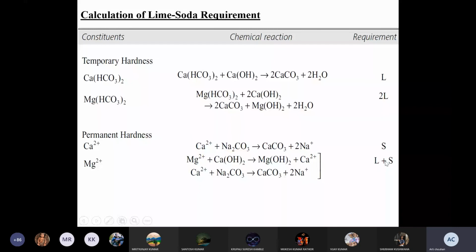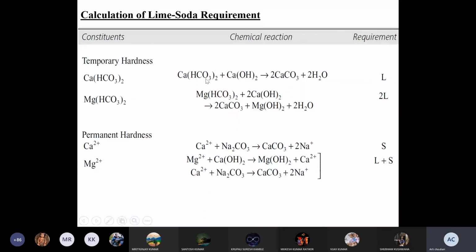So if your water sample has calcium bicarbonate, or temporary calcium hardness, and you are adding lime and soda, then that calcium bicarbonate is in the soluble state. It is a soluble kind of impurity.